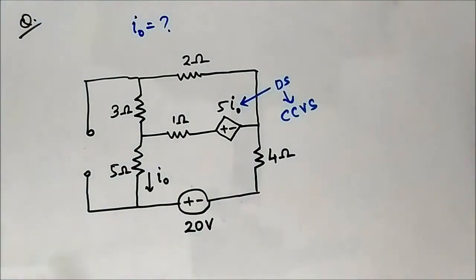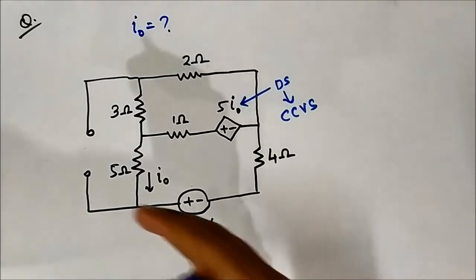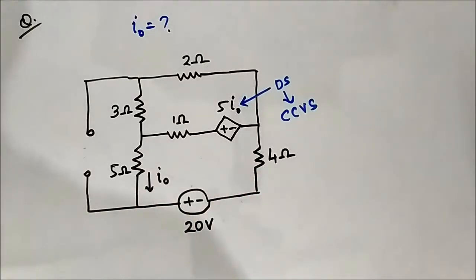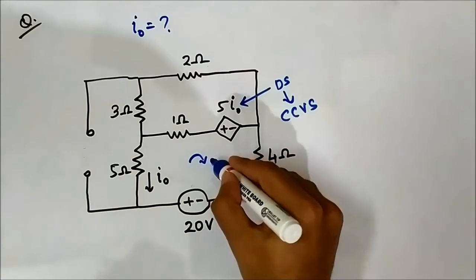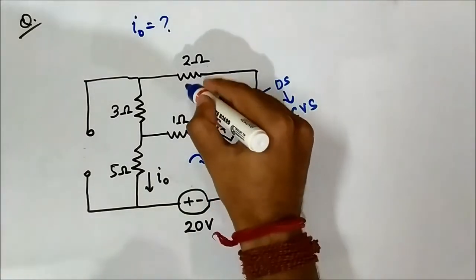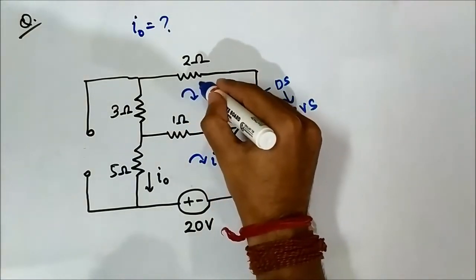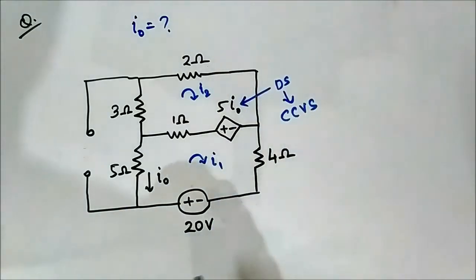Now we have to assign the loop currents, and then we have to put KVL equations. Okay, so let us say we have these loop currents I1 and I2 flowing in this direction. So now we have to determine the branch currents.